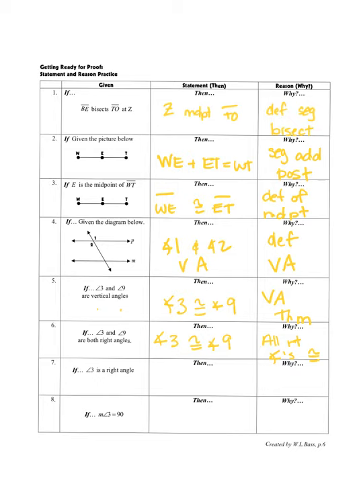If we are told that angle 3 is a right angle, then we know the measure of angle 3 must equal 90 degrees. And the reason why behind that is definition of a right angle.